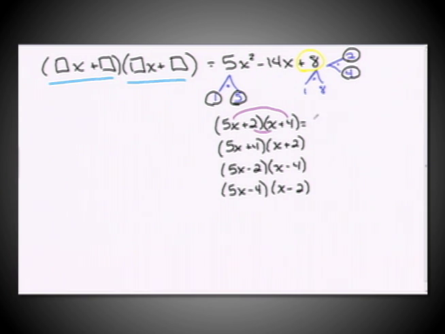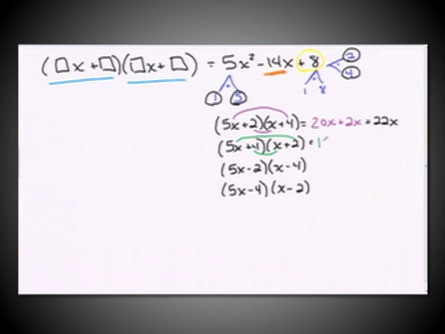So for this first one, we have 20x plus 2x, which gives us 22x, which is a no-go because we're trying to equal negative 14x. So moving along, we'll go ahead and try multiplying our next set to see what that middle term comes out to.